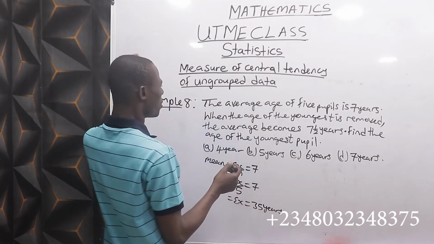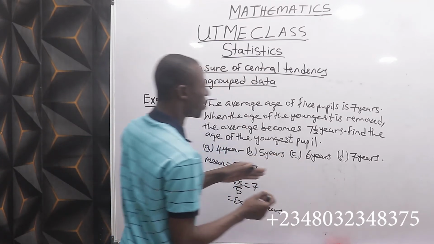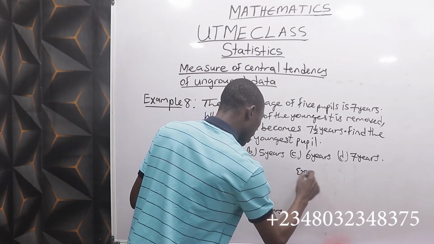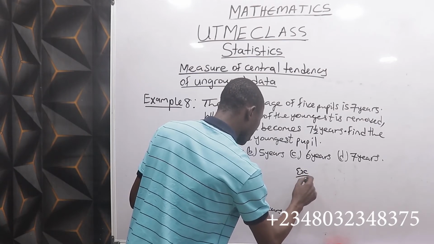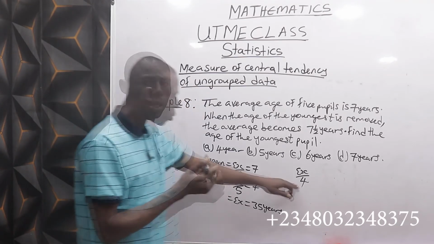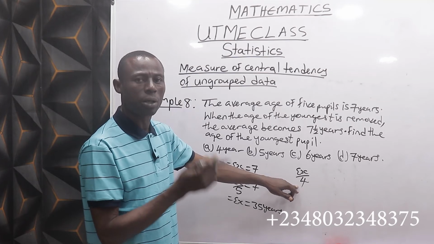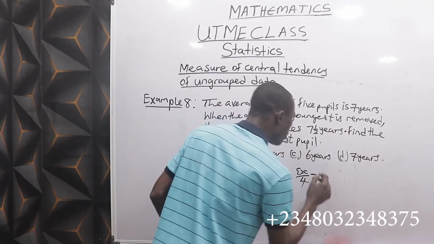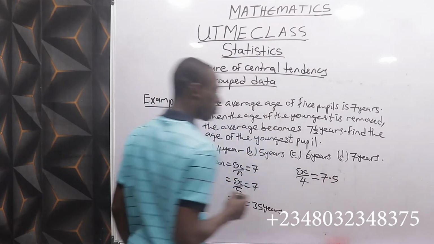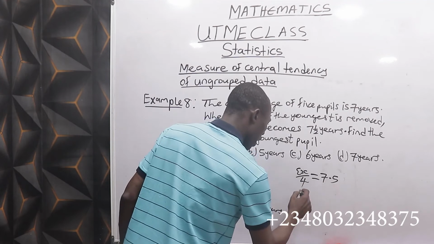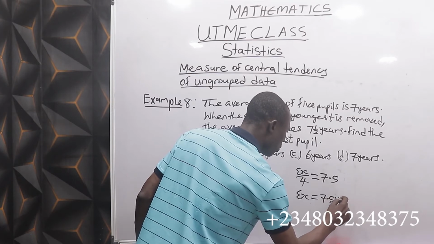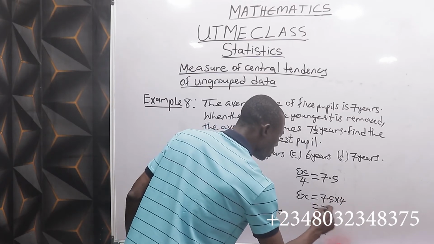Now, when the age of the youngest is removed, we have summation x over 4 instead of 5. The age of one of the 5 pupils is now removed, so the number we are dealing with now is 4. The mean, that is the average, is 7.5. Cross multiply, summation x will be equal to 7.5 times 4, which is 30.